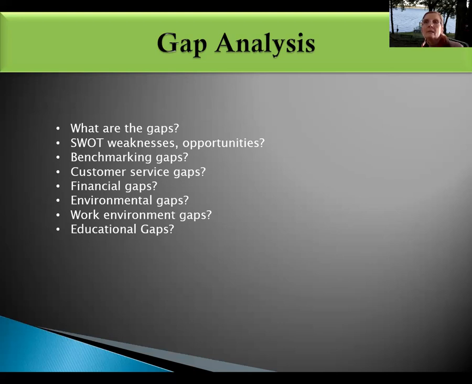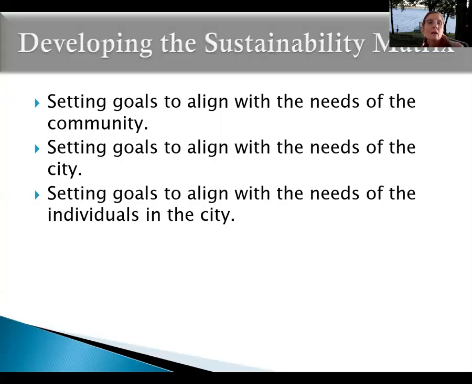When you have this gap analysis completed, which hopefully you have been working on, it's also something that you could discuss again with your team right now. Then what you want to do is set goals to align with the needs of your community or your campus.